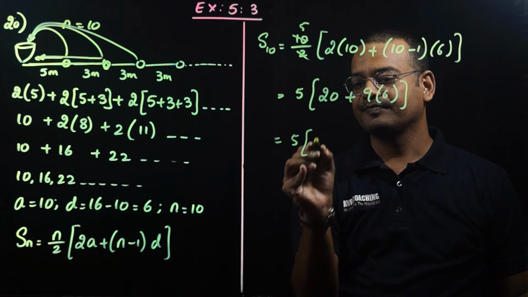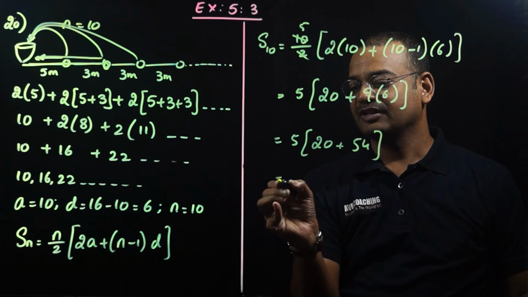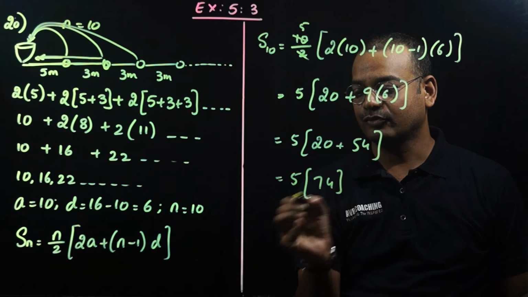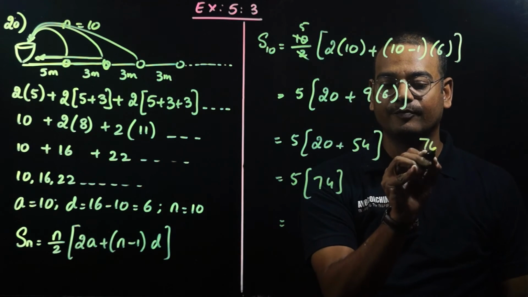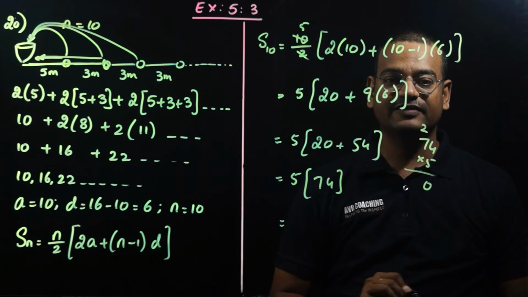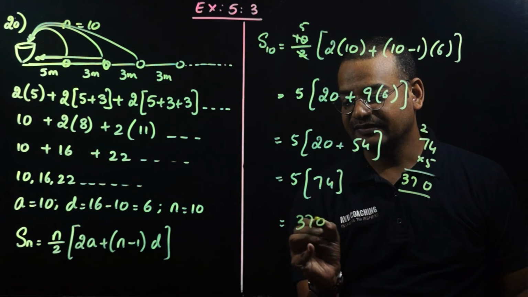So 5 into 20 plus 9 6s are 54, is equal to 5 into 20 plus 54 is 74, and 5 into 74 is equal to 5 4s are 20, 5 7s are 35, 36, 37, 370.